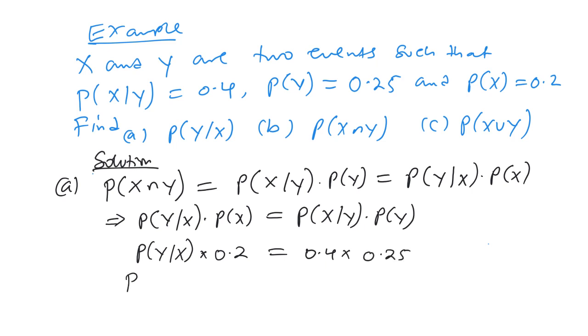So if you make the probability of y given x the subject, it will be 0.4 times 0.25 over 0.2. Simplify this and you have the answer.